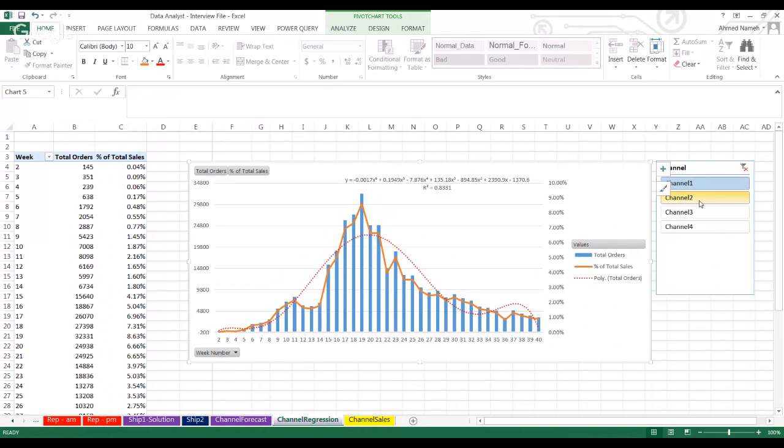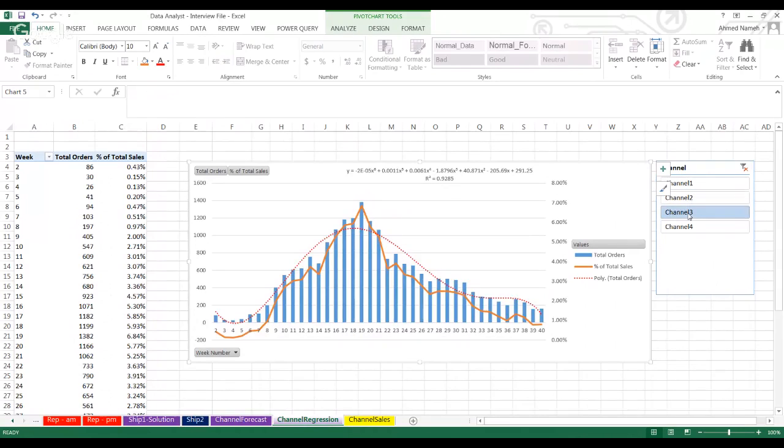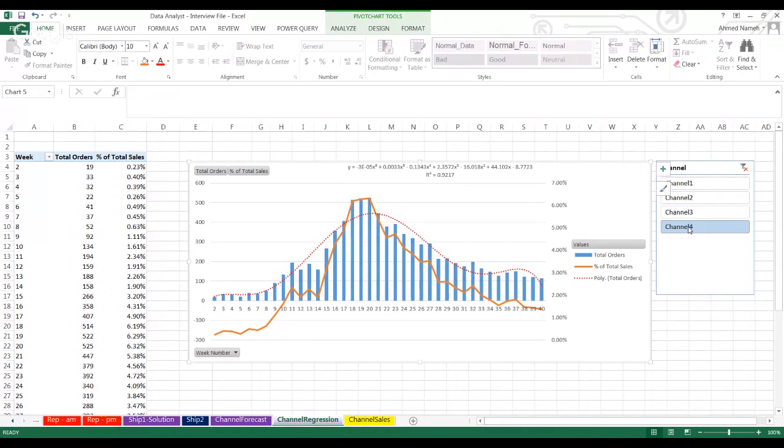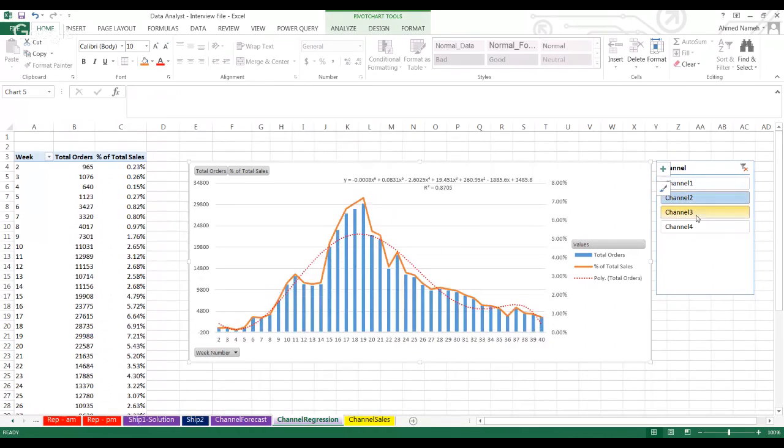Now, channels 1 and 2, if you look at the y-axis here, sell much more than channels 3 and 4. But the pattern that exists for each of them is very similar. In fact, if you look at orders placed between weeks 16 and 24 for each of the channels, those weeks account for between 45 and 53% of the sales for each channel. So the pattern that exists for all 4 channels is essentially quite similar.